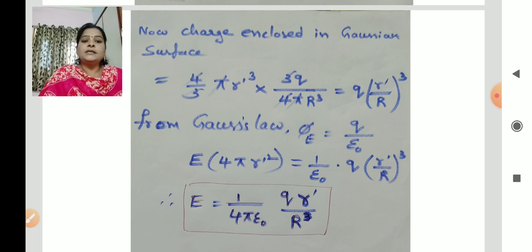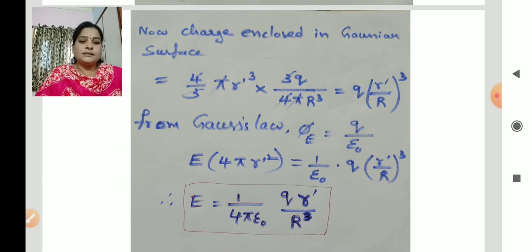Therefore, the total electric flux through the Gaussian surface, E into 4 pi r prime square, where r prime is the radius of the Gaussian sphere, is equal to 1 by epsilon naught Q into r prime by R whole cube.